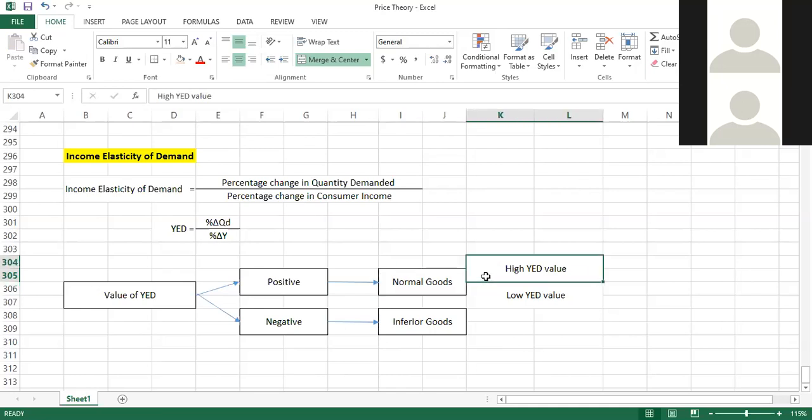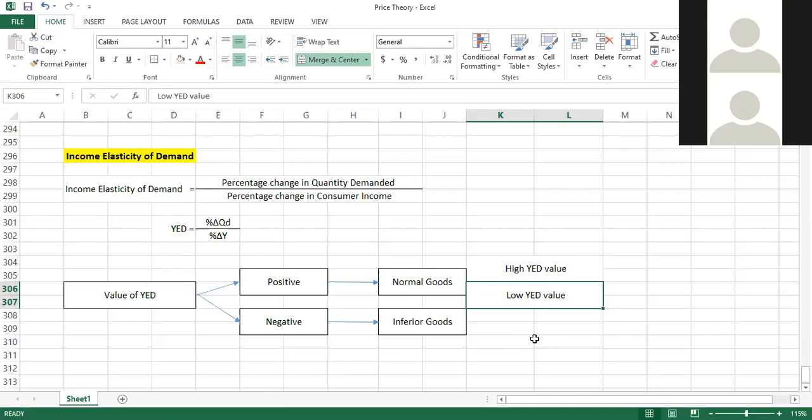Exactly. Luxury products have high income elasticity of demand value. When the income increases, the demand for luxury goods increases very significantly. But for necessities, even if our income is low, we have to buy. That means when the income increases, there is no huge increase, because anyway we have to use the minimum required level.